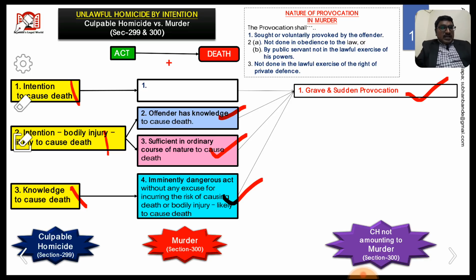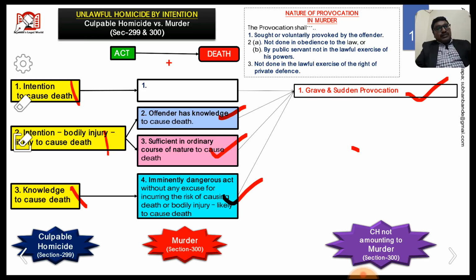Here, the nature of the provocation in murder is to be understood very carefully. If the provocation was sought or voluntarily provoked by the offender, then he can't avail this exception.